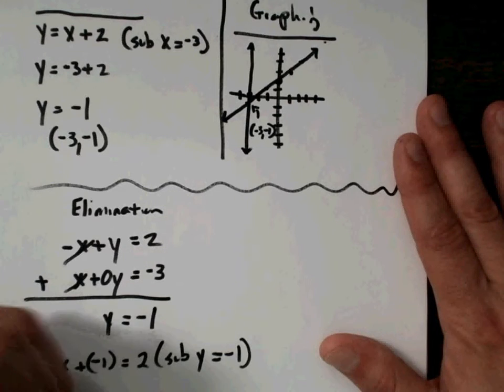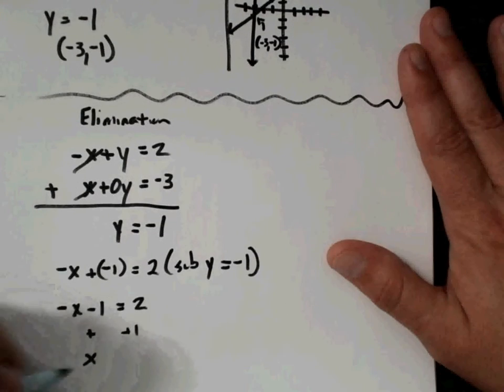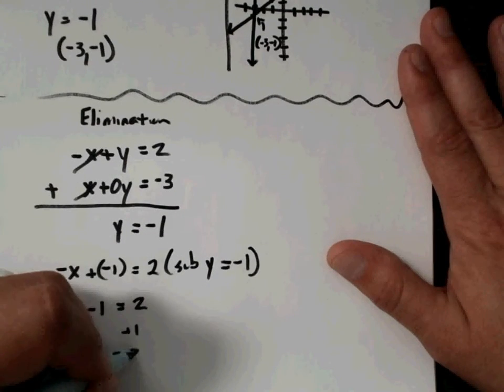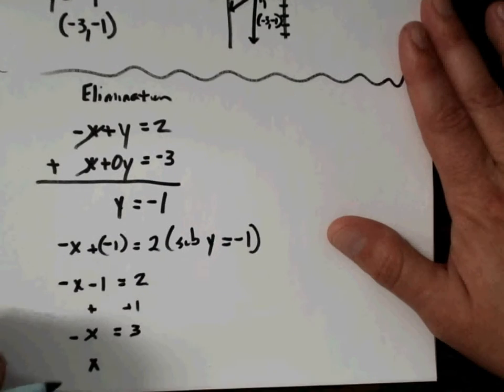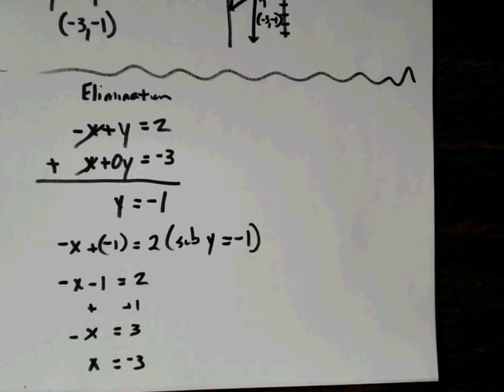Negative x minus 1 equals 2. Add 1. Negative x equals 3. Divide by negative 1. x equals negative 3. So I can do them all three ways, but which one was the best? Substitution. There it is.